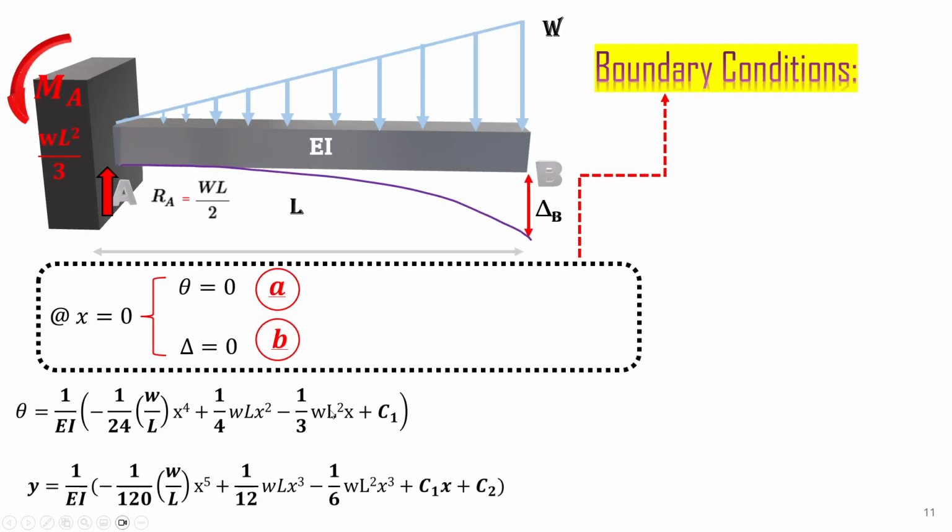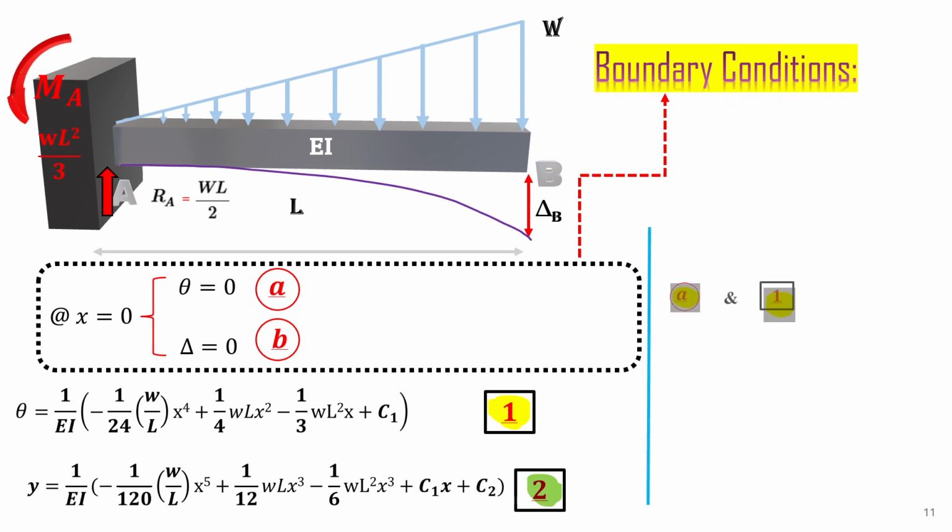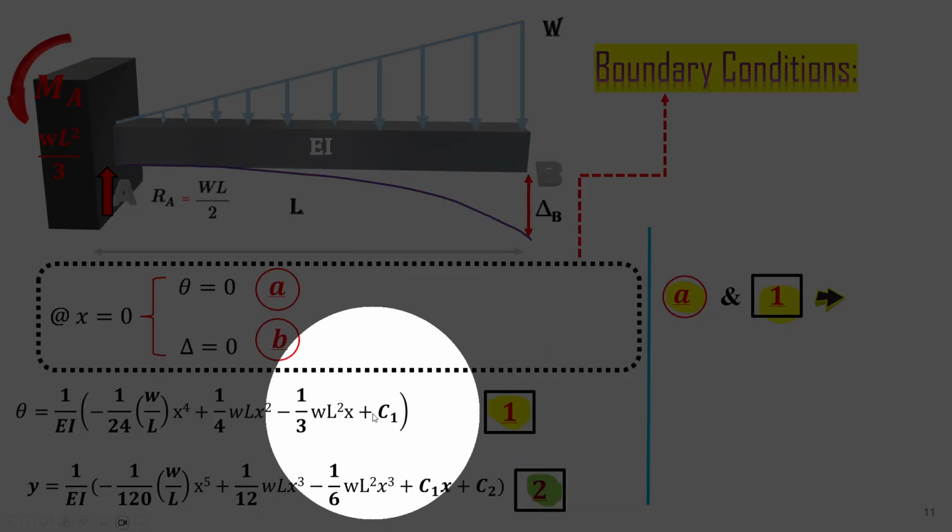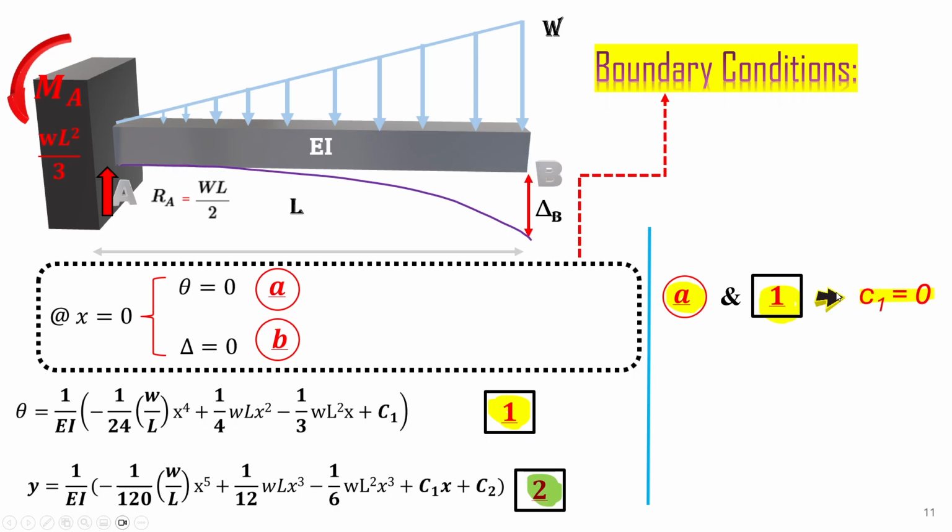If we combine these two boundary conditions with our theta and delta equations, the first gives us c1 equal to 0, and the second equation gives us c2 equal to 0.